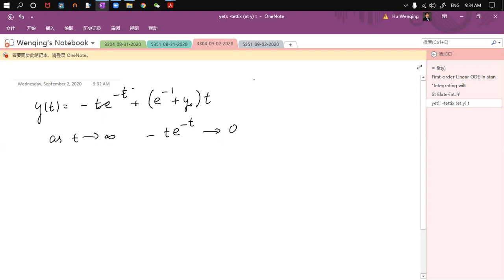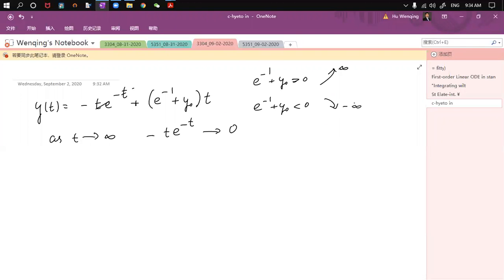Suppose e power minus 1 plus y0 is positive, then this limit is going to grow to plus infinity as t goes to infinity. If e power minus 1 plus y0 is negative, the limit is going down to minus infinity as t goes to infinity. So both scenarios are not what you want.